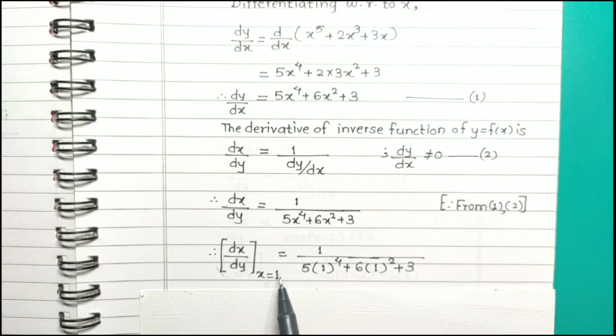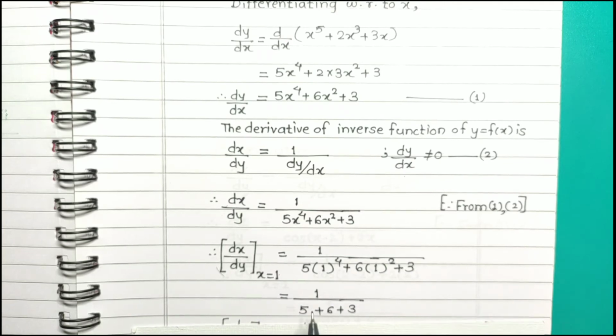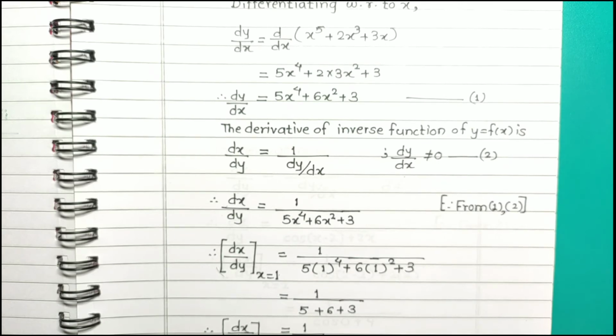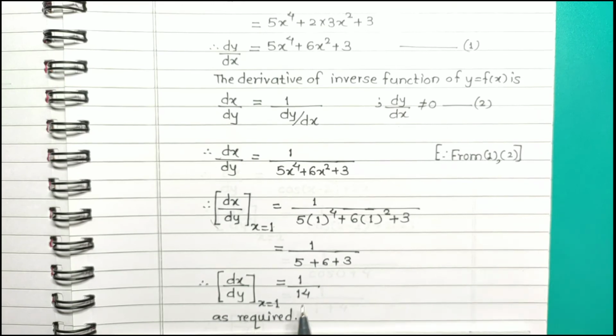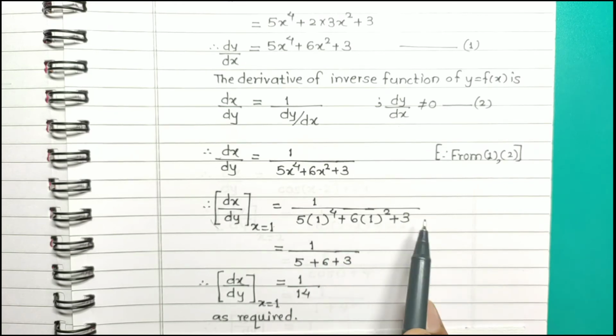To get this particular value, 1 upon 5 into 1 raised to 4 plus 6 into 1 square plus 3, and completing this calculation we have 1 upon 5 plus 6 plus 3, and therefore the derivative of the inverse function at x is equal to 1 is 1 upon 14, as required. See, very easy calculations here, so you do it on your own again.